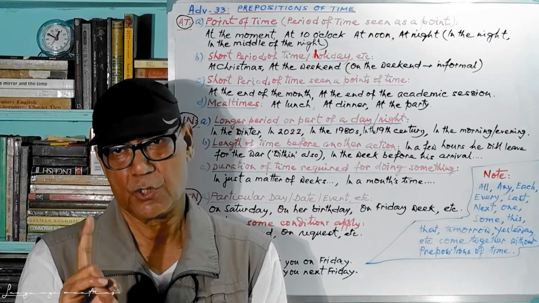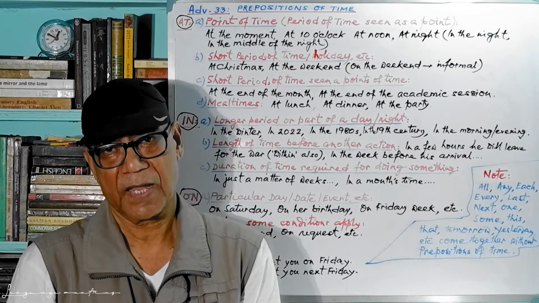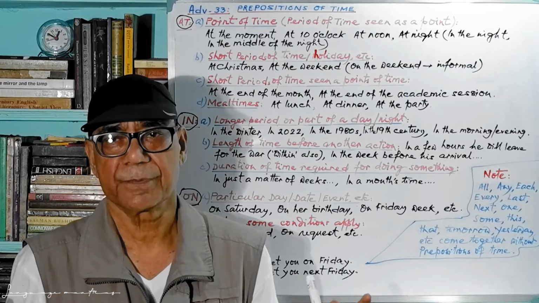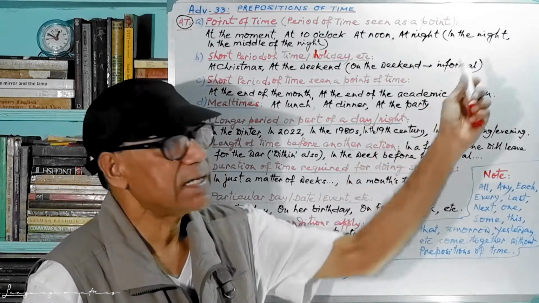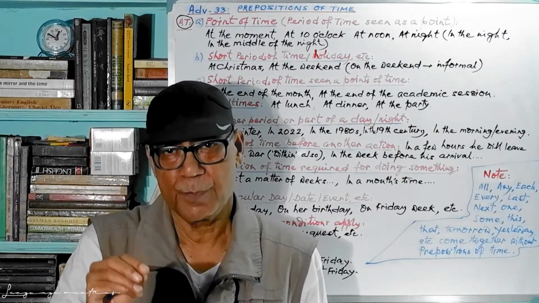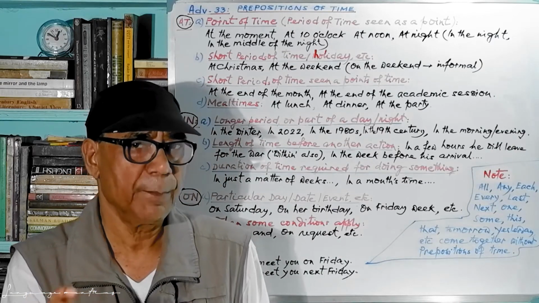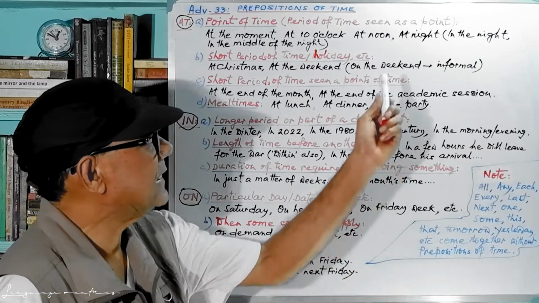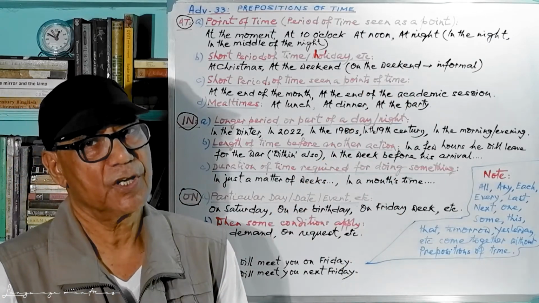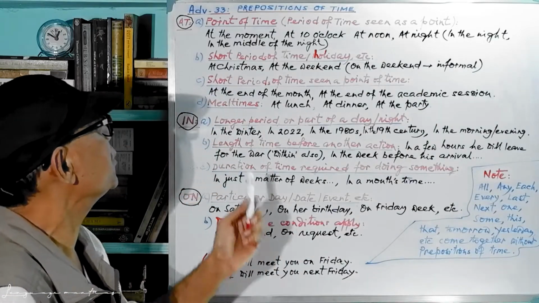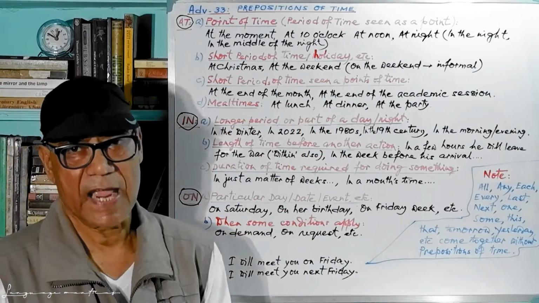In that case, it is always at night. At night, owls do not sleep. And in the night is possible when you speak of a particular night. Reference is to a particular night. In that case, at night is wrong. It will be better to use in the night or in the middle of the night.